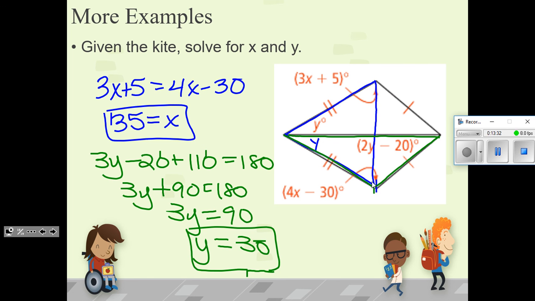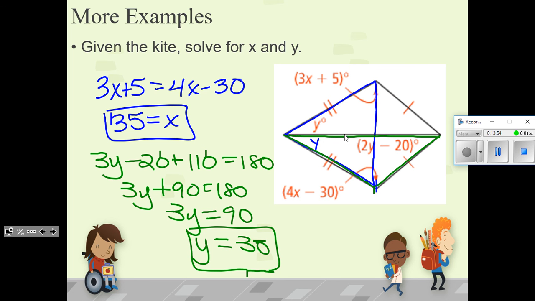This angle is 4x minus 30. When you add these two consecutive, they equal 180. I'm sorry, I said that wrong. So in order to solve for y, because we're solving for x and y, you make these two equal to each other. I got x equals 35.